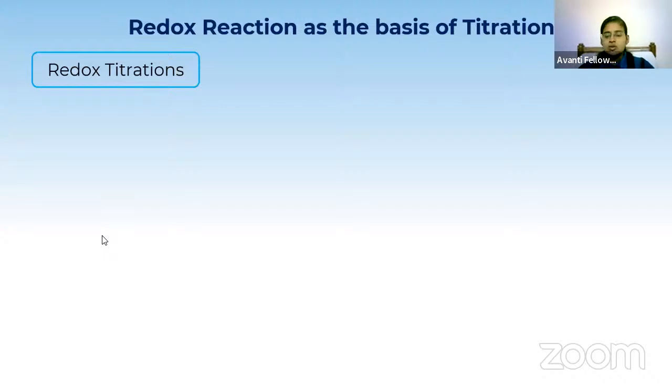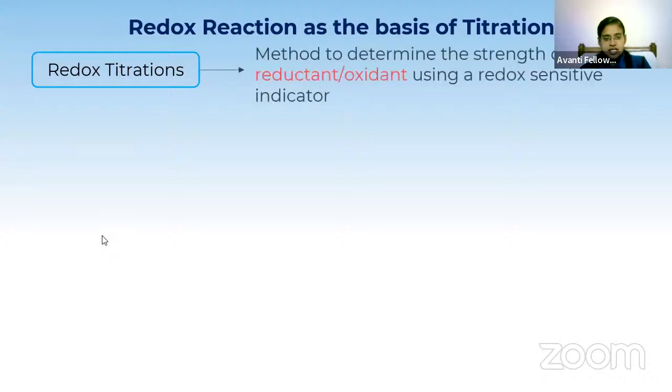Okay, my dear students, so the redox titration. Redox titration is a method to determine the strength of a reductant or oxidant using a redox sensitive indicator. What is meant by reductant and oxidant?